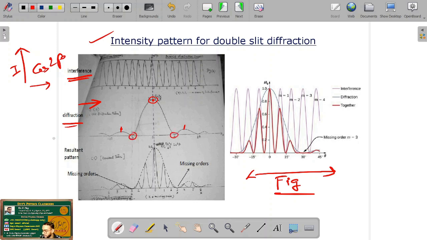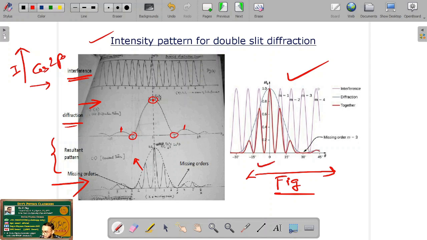Then the resultant pattern would be a combination of these two. So the diffraction pattern will act as an envelope to the interference pattern, and the resultant pattern would be like this or like this. This one is the diffraction pattern, acting as an envelope to the interference pattern, and the resultant intensity would be similar to this figure.